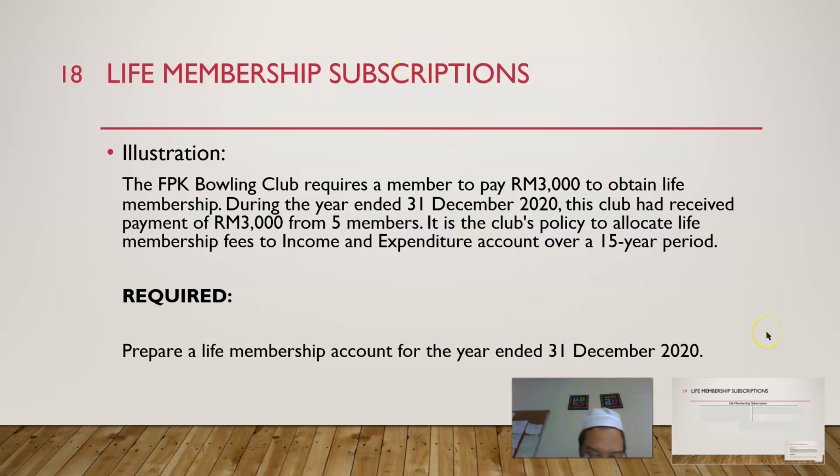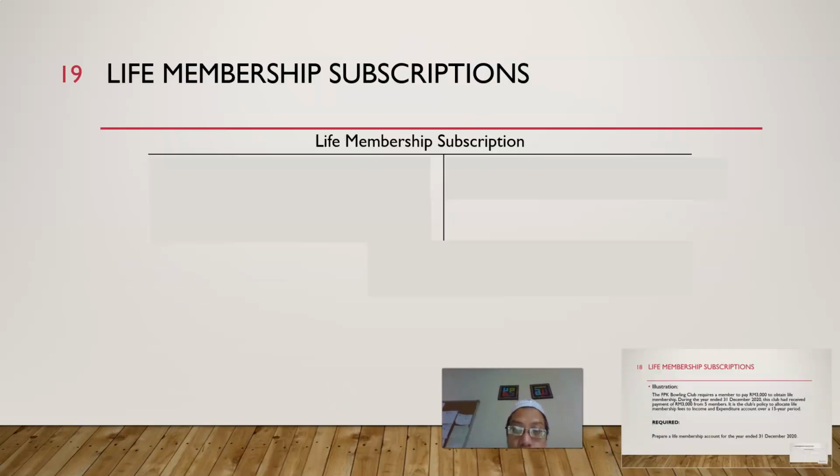How do we do this? Firstly, we receive cash, 15,000 ringgit. We would debit the cash account, but then we would credit the life membership subscription liability account by 15,000 ringgit.